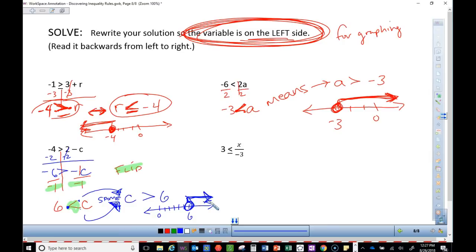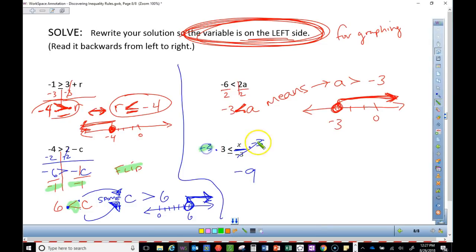All right, the last one here, we've got divided by -3, so we'll have to multiply by -3 to get rid of that. We're doing a negative number to both sides, so this is going to have to flip. It was less than, so now it's greater than. Okay, watching out for that.